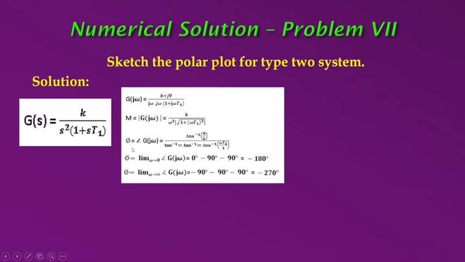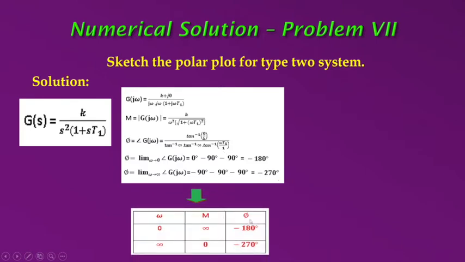Then taking phase angle. Phase angle equal to tan inverse 0 by K, that means 0. Then tan inverse for that part omega by 0, that means infinity, and for another j omega, this is tan inverse infinity. Then for that part, this is tan inverse omega T1 by 1.